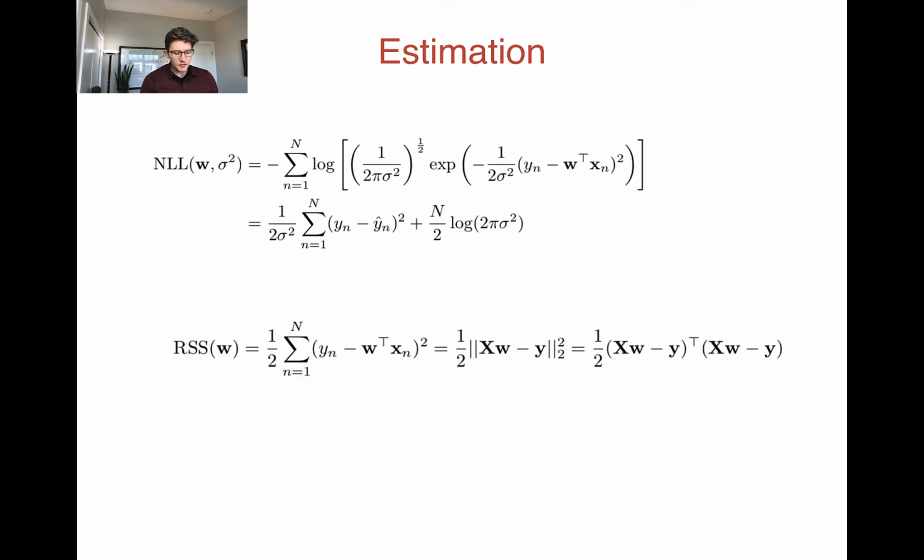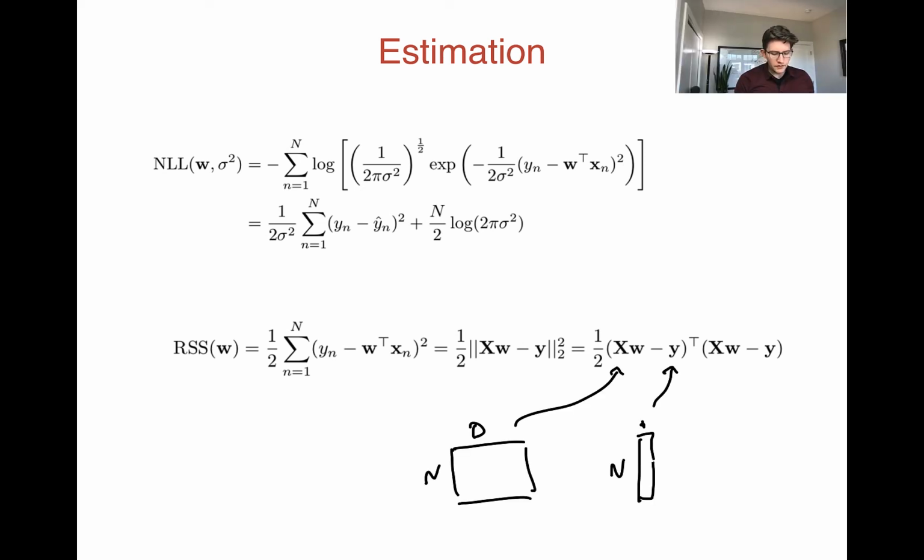Another way to write the same thing is, so this is a sum over n, we can write this in vector notation by the following. We've defined big X to be this matrix here, which is our n examples times d features, and the y vector to be n by 1.